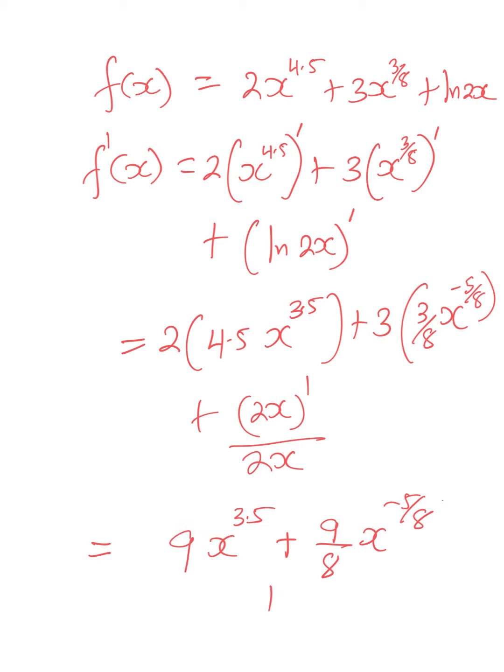Then plus 2 over 2x. So what do you get? You can go ahead and simplify if you want, or you can leave it at that stage. If you cannot simplify further, you can leave it at that. But if you think you can simplify further, go ahead and simplify. Cancel 2 and have 1 over x. So that's it.